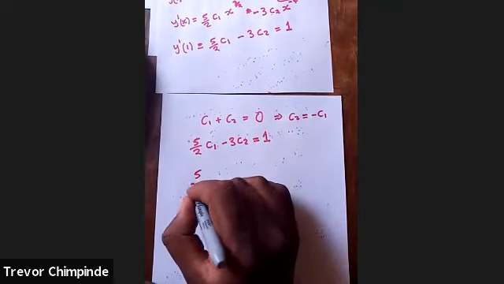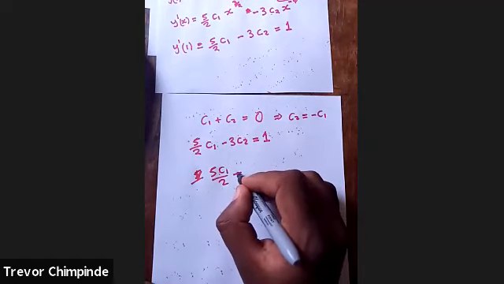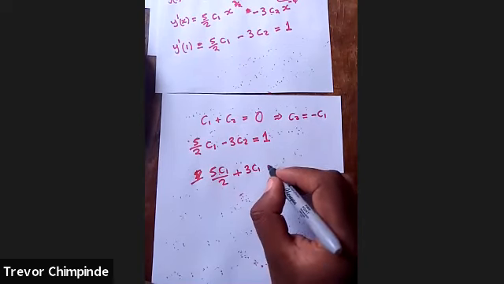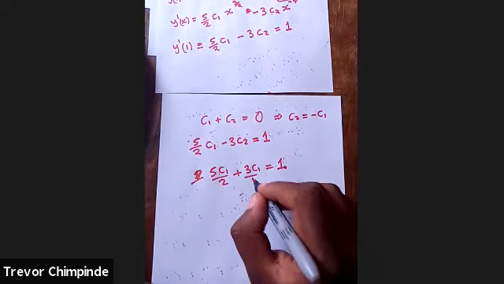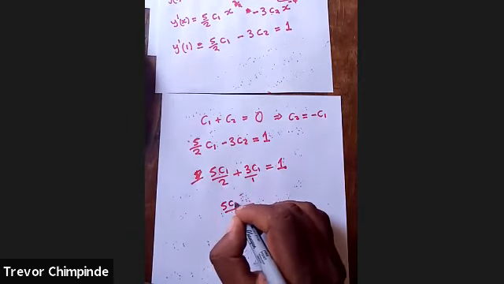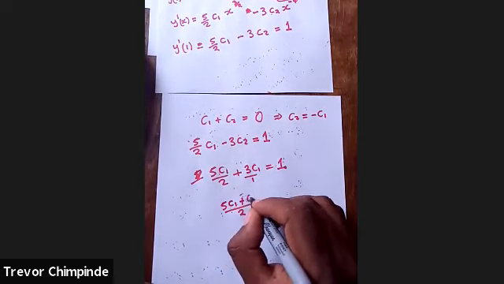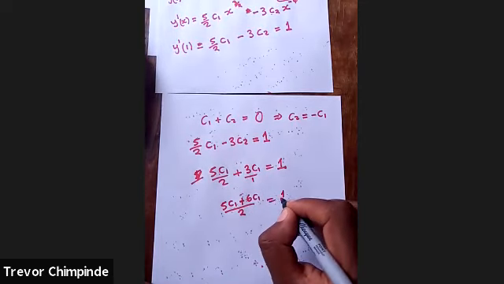So it's going to be 5 C1 over 2 minus, so C2 is negative C1, this becomes plus 3 C1 is equal to 1. Then common denominator is 2, so you have 5 C1, then plus 6 C1 is equal to 1.